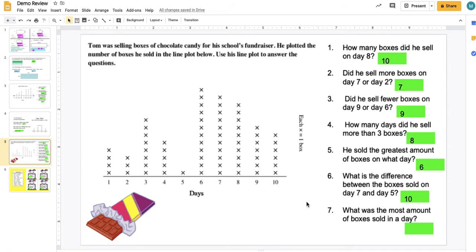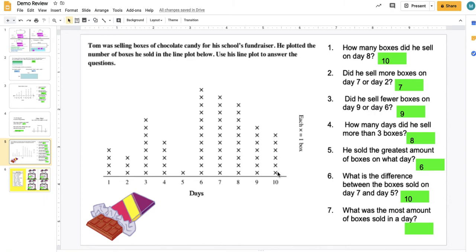What was the most amount of boxes sold in a day? Well, it's not the most common amount sold. It's the most amount of boxes he sold in a day at some point. I need to count the X's.